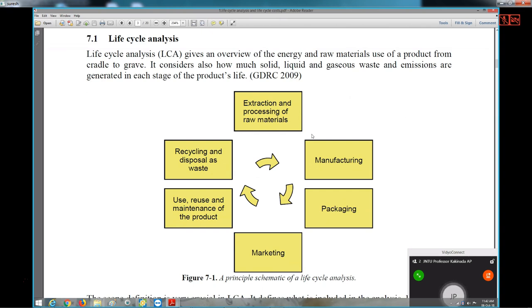So extraction and processing of raw materials, then manufacturing, then it is packed and sent to the market, then use and reuse, which are maintenance of the product, then recycling and disposal of waste, then it goes back to extraction and processing of raw material.